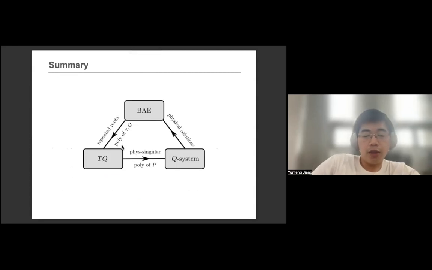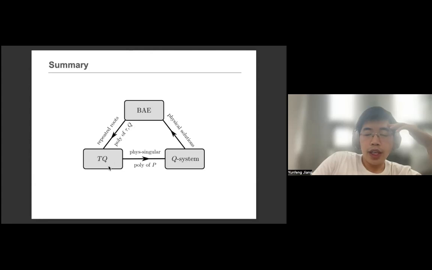Now let me summarize the situation in the spin 1/2 case. We start with the Bethe ansatz equations. We find there are two kinds of roots we need to be careful about. One is the repeated roots. If you have repeated roots, they need to satisfy some additional constraint, and this additional constraint is equivalent to the polynomiality of tau and Q in the TQ relation.